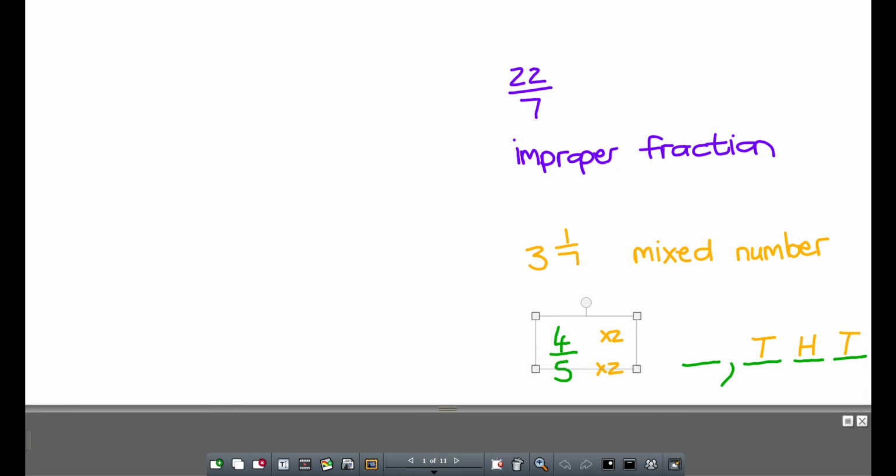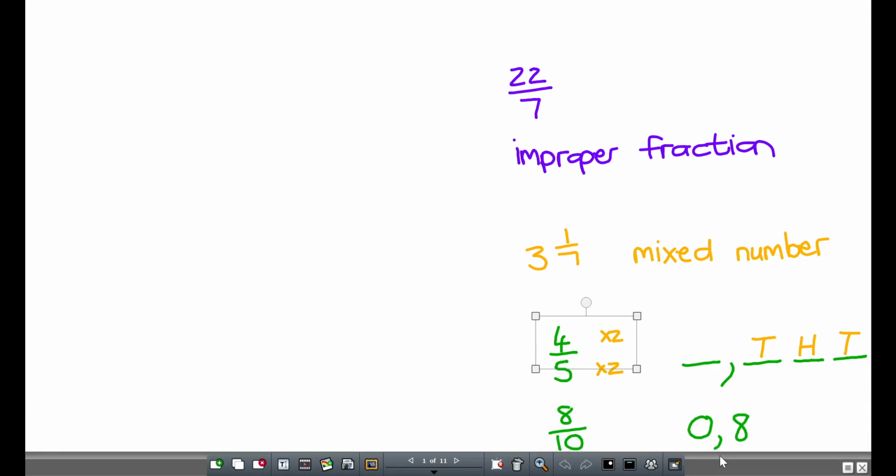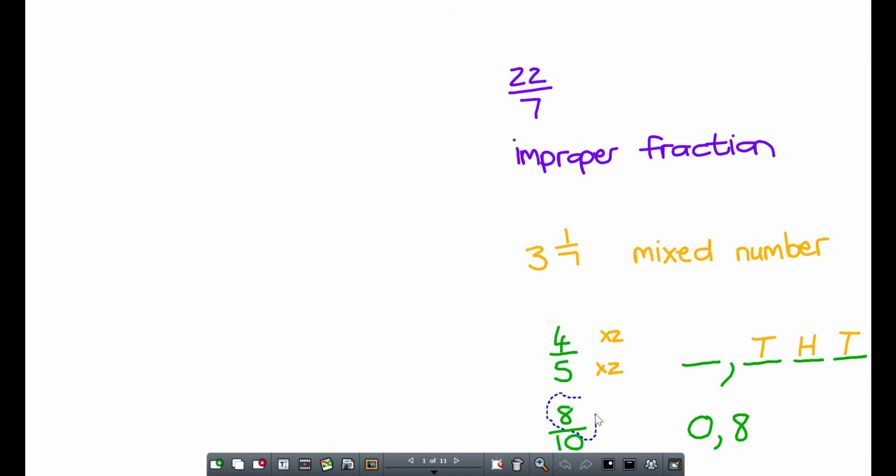So that then gives me 8 over 10. Nice. Okay, now again, because this 8 is smaller than the 10, it means it's not yet a full number. So that's how I know it would be 0, comma something. And because my denominator was 10, I know I'm only allowed to fill up that first decimal. So 0,8. You guys fine with that?